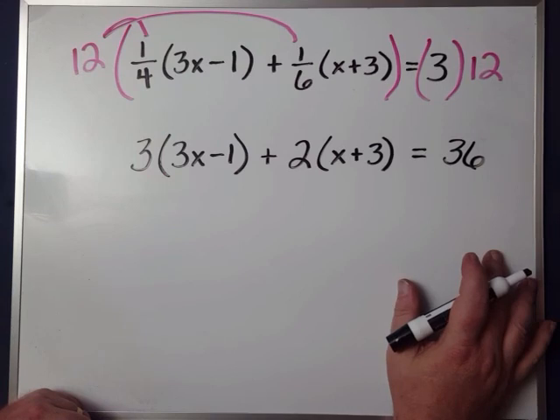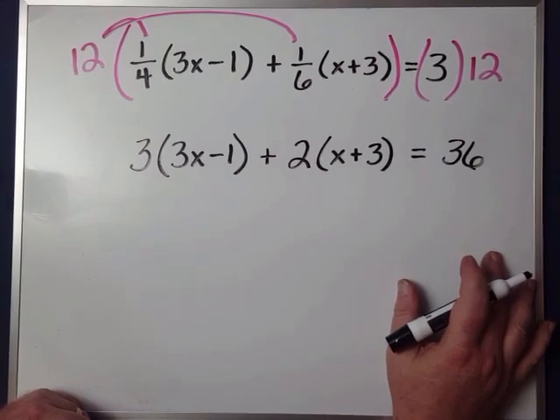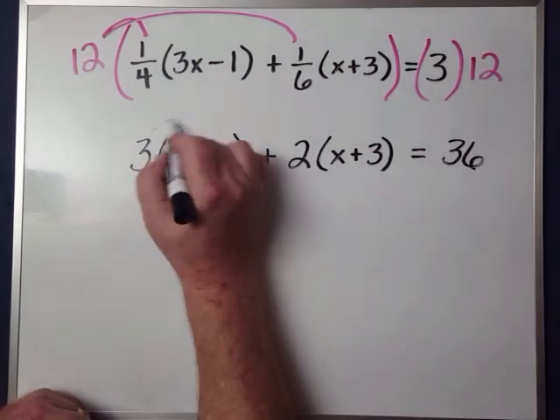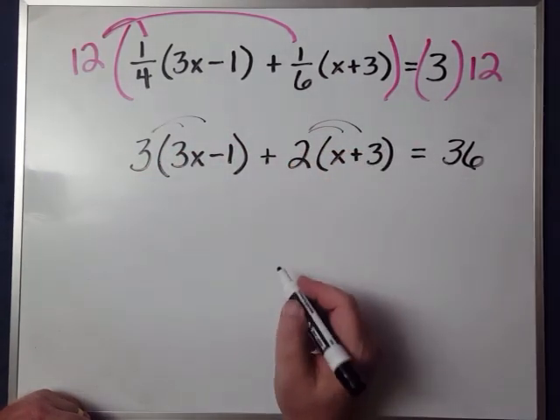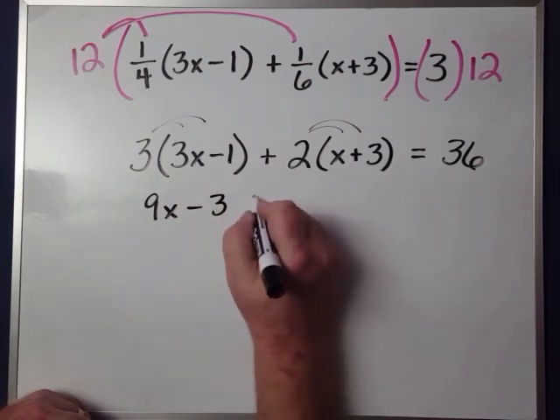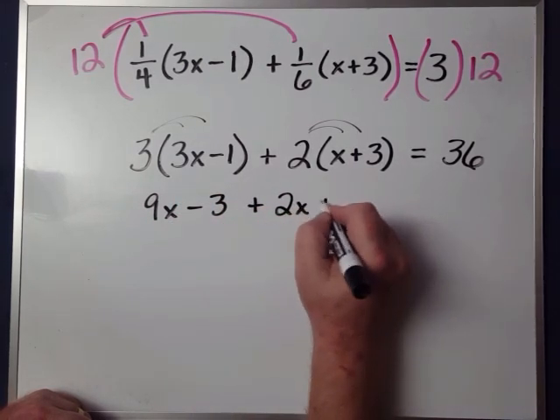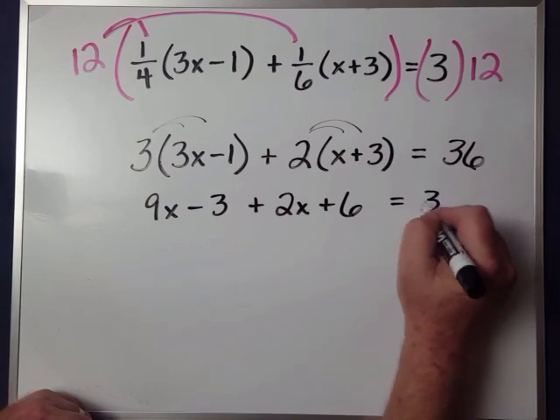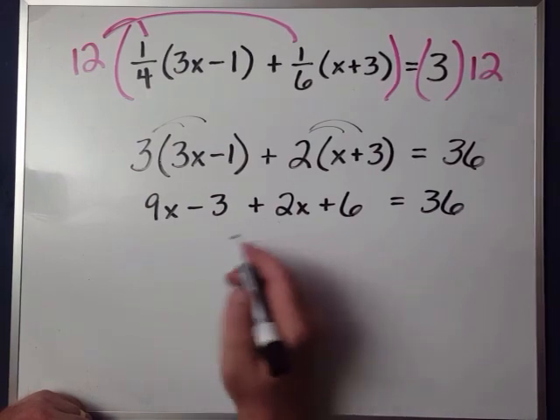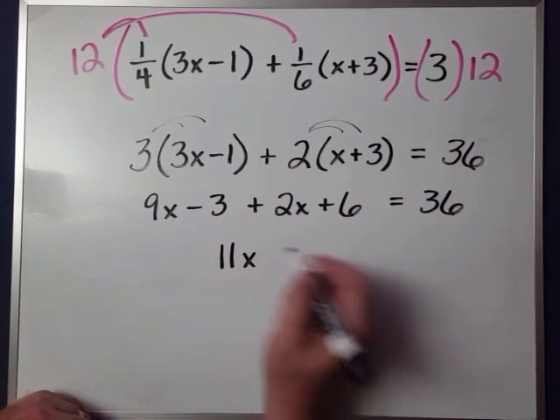We have removed the fractions from our equation, and we'll solve it the way we have been. Simplify both sides. Distribute that 3, distribute that 2. Gives me 9x minus 3 plus 2x plus 6 equals 36. Combine like terms. 9x plus 2x is 11x.